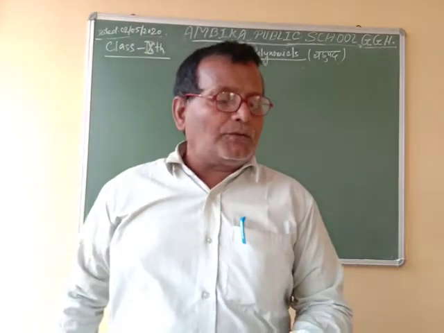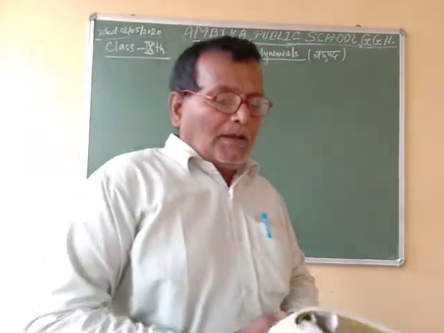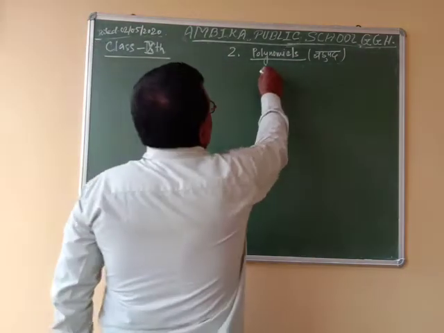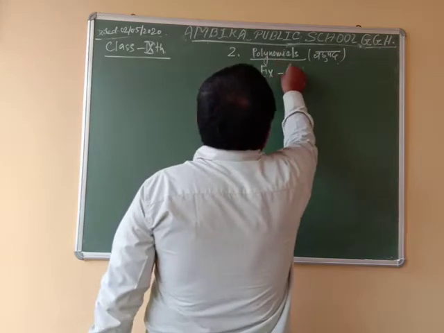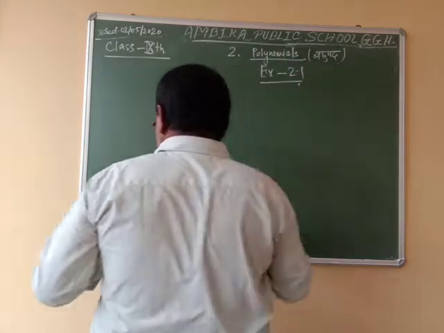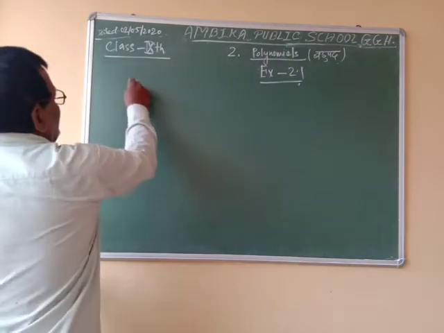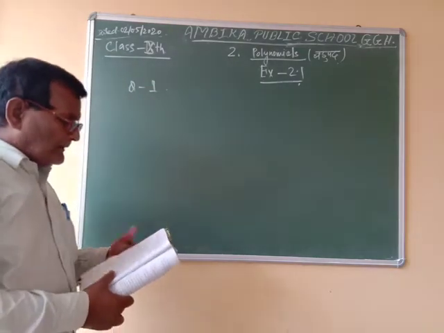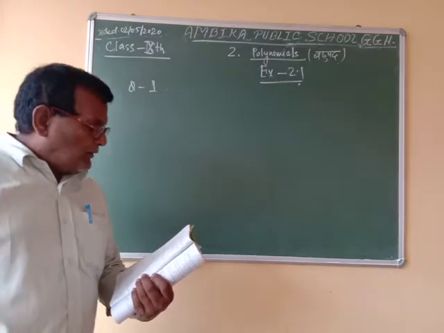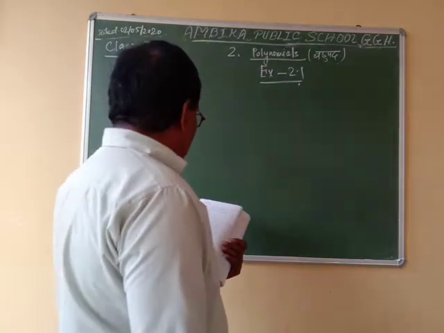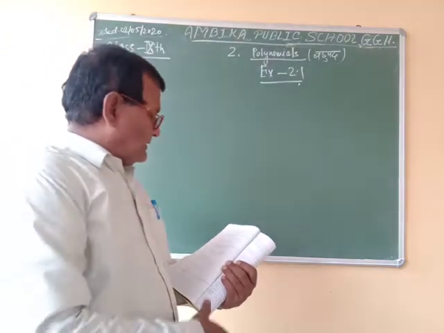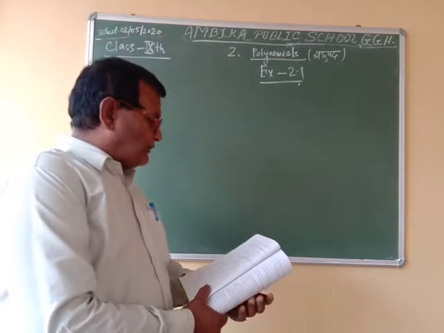Now I am going to solve exercise 2.1. In question number 1, which of the following expressions are polynomials in one variable and which are not?